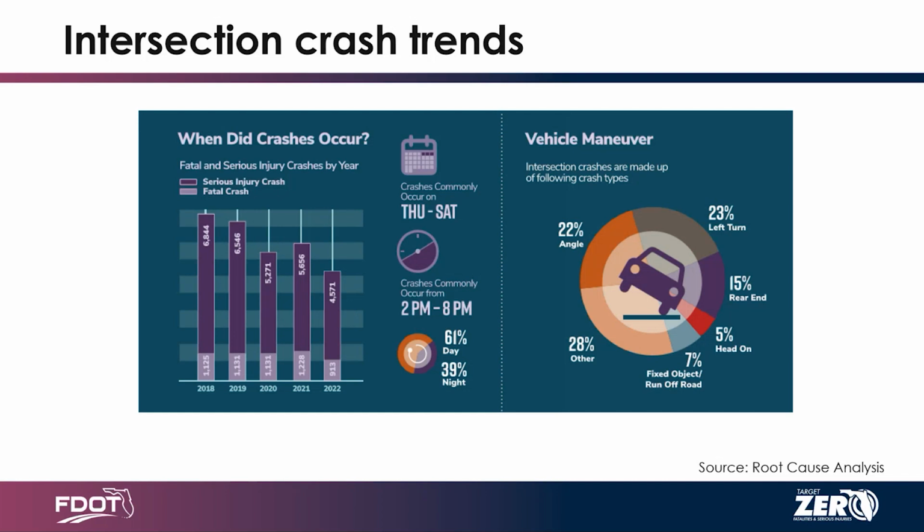Angle and left turn are about 40 to 50%, which, thinking through the vehicle speeds, makes sense. Surprisingly, rear end is 15%, which you may not expect, and we're going to go through potentially why that may be happening. 5% head on, 7% fixed objects then run off road, and about 30% other, which includes pedestrians and bicyclists.